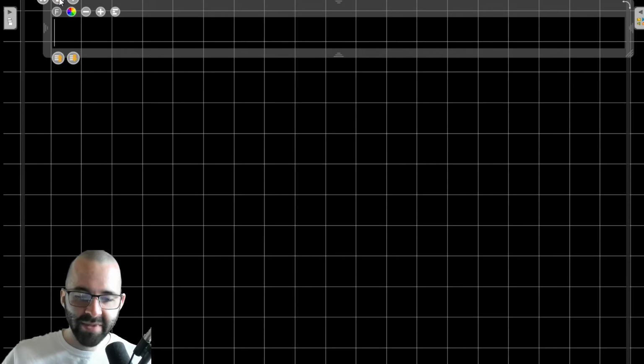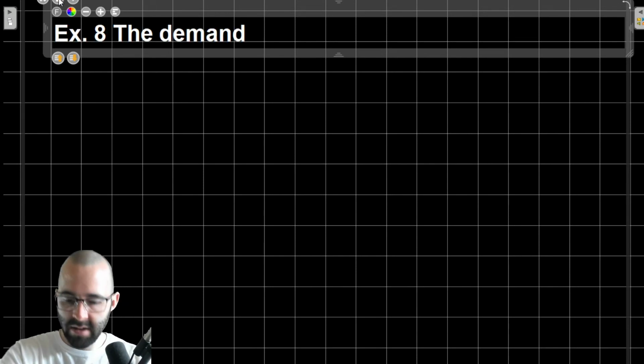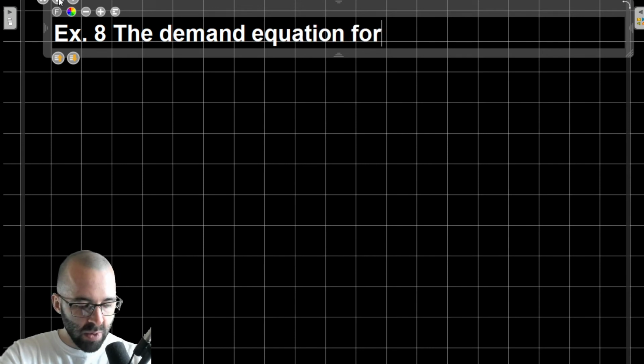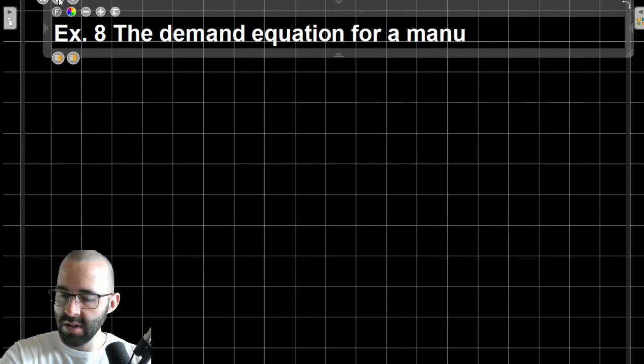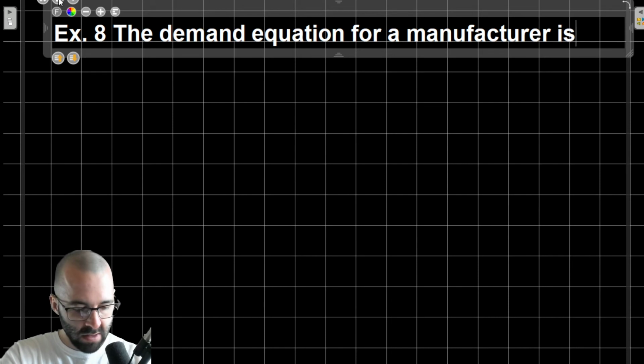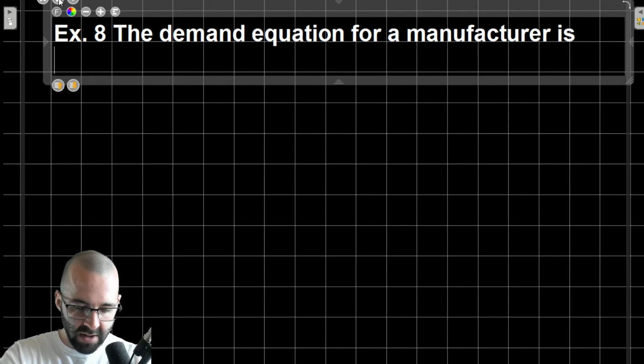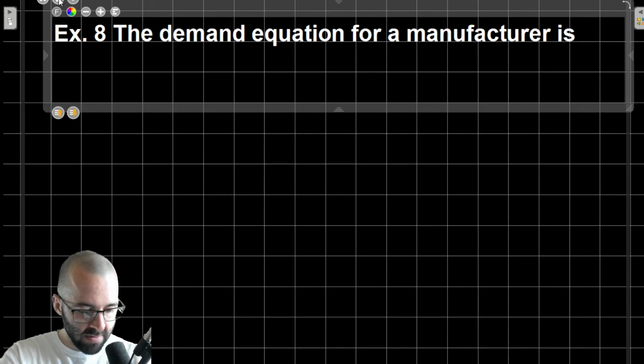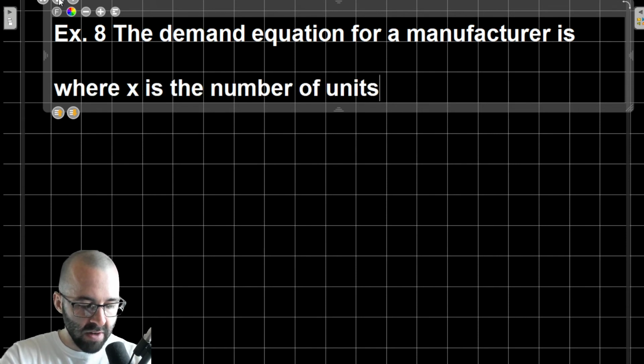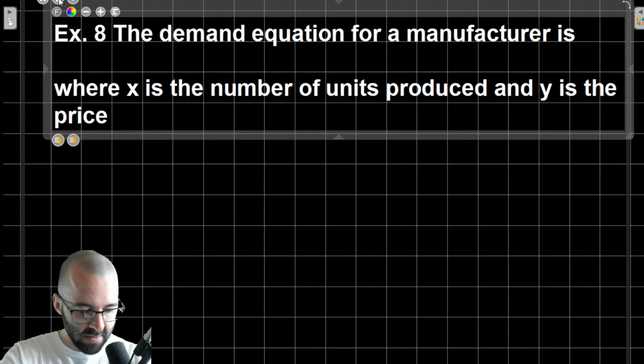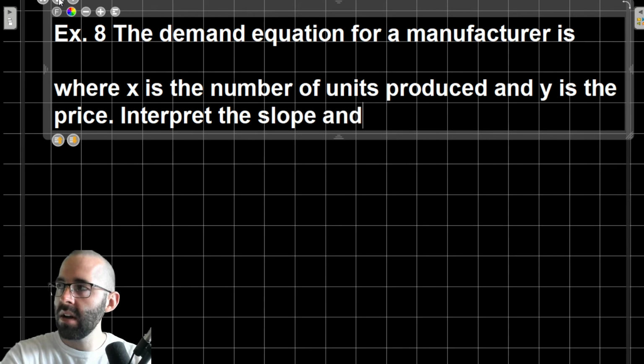My apologies. Example 8. The demand equation for a manufacturer is the following, where x is the number of units produced and y is the price. Interpret the slope and y-intercept.